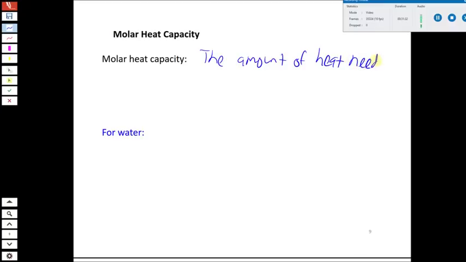So this is molar heat capacity, the amount of heat needed to raise the temperature of 1 mole of substance by 1 degree Celsius. The previous heat capacity we said was per gram. This one is per mole.